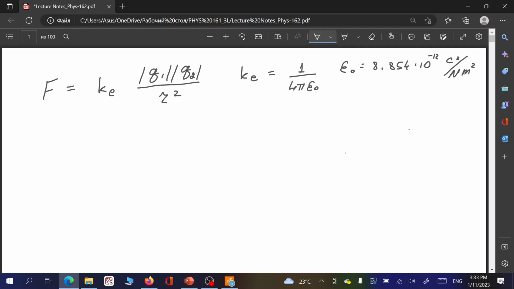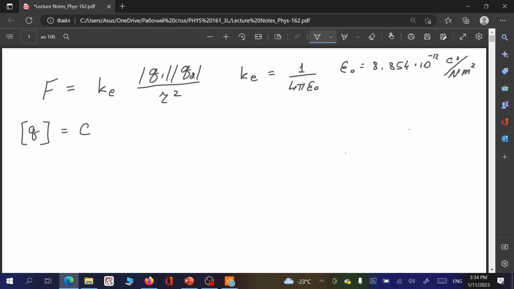So the units for electric charges, as we already mentioned, are coulombs. And coulomb is actually quite large. 1 coulomb is quite a huge electric charge. So we usually in everyday life are dealing with quite small electrical charges.